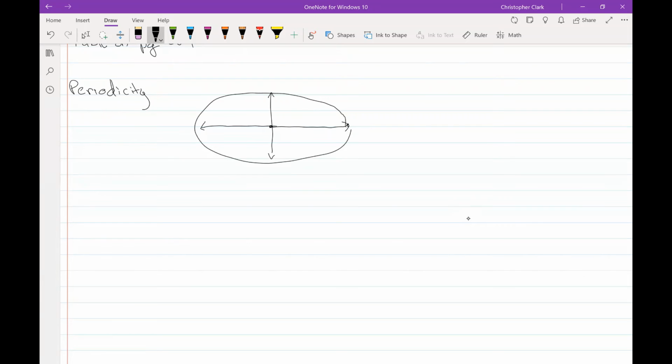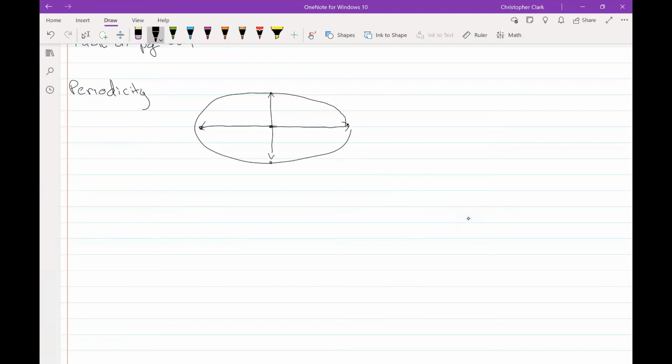If you go around 2 pi, you start back where you were. So anything less than 2 pi and you're somewhere different, right? Pi over 2, you end up here. Pi, you end up over here. 3 pi over 2, you end up down here. But any multiple of 2 pi, and you're going to end up with the exact same thing.